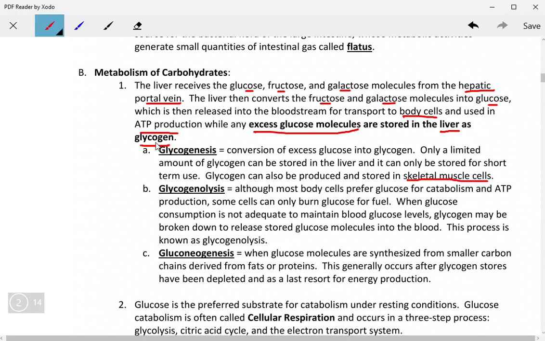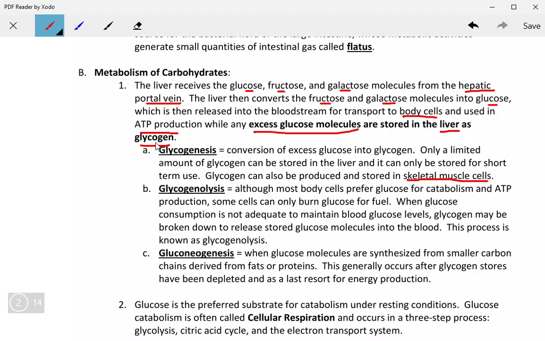When you have excess glucose molecules, the body will store it in the form of glycogen. And the two major organs where you'll find glycogen, the first one will be the liver, and secondly, your skeletal muscles. Don't forget that. I'm giving you the primary organs. You can find glycogen in other places, but in very, very small amounts.